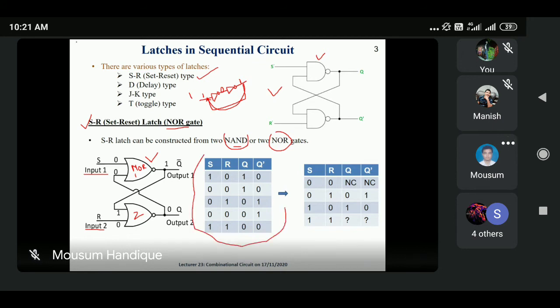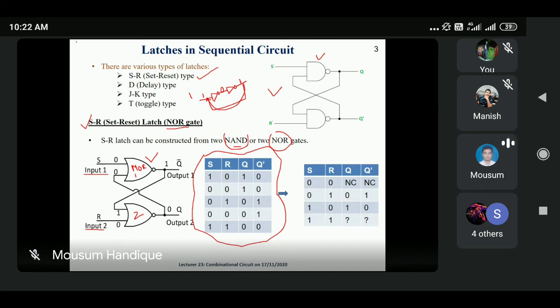Now remember, when we are talking about the combinational circuit, the behavior of that circuit we represent as a truth table. But that type of table, if we use it in a sequential circuit, is generally not called a truth table. That is called a state table. Why do we use the state? Because this circuit deals with the memory concept. So for that purpose, this type of table we refer to as a state table instead of a truth table.